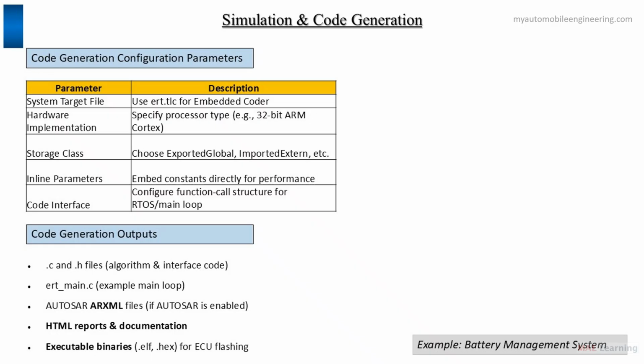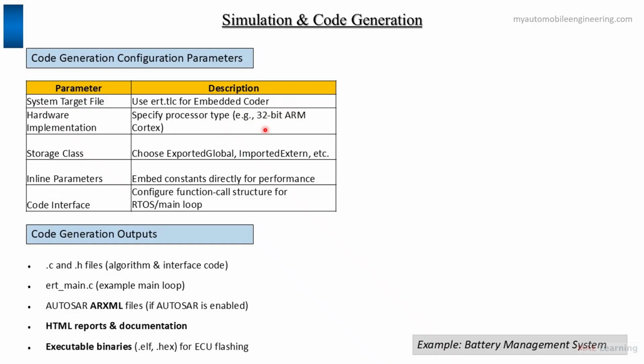Set the system target file to ert.tlc if you are using Embedded Coder, and this tells Simulink what type of code to make. Then hardware implementation selects your processor type, like 32-bit ARM Cortex, so the code uses the right instructions.